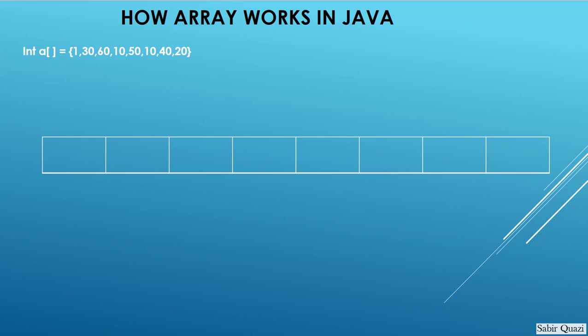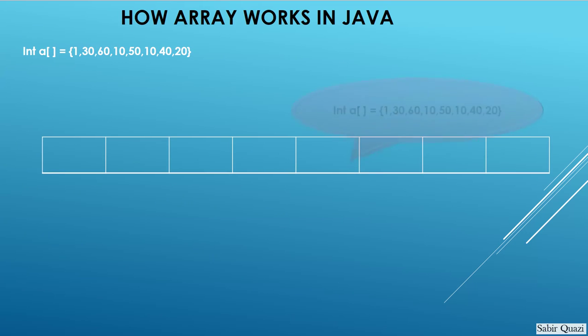So what happens when we create or declare an array? As you can see in this picture, an array creates a contiguous memory space for all values and creates a separate block for every value it stores.